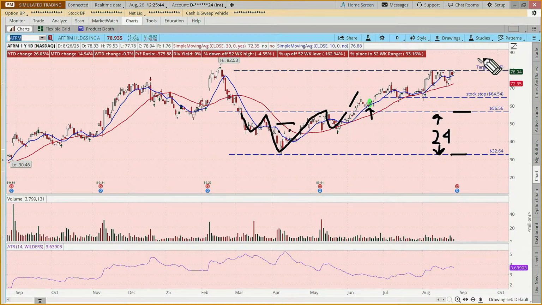Our target, because we took 56.56 and added that 24 to it, would have given us like $80.50. So we knocked $1 off. We made our target 79.50, and it came up and hit it like once, twice, 3 times a lady.